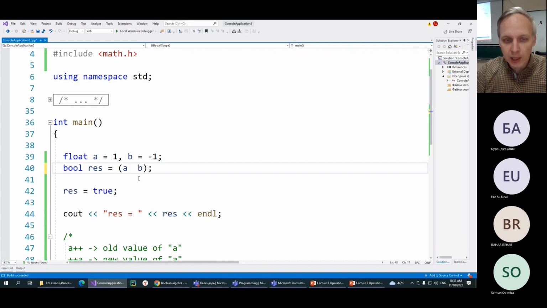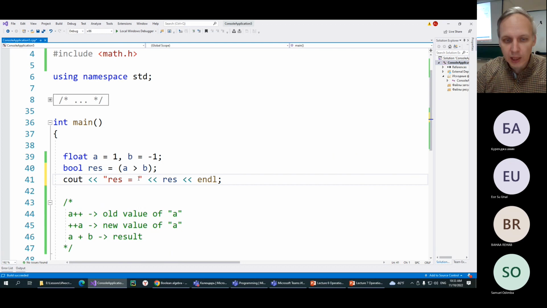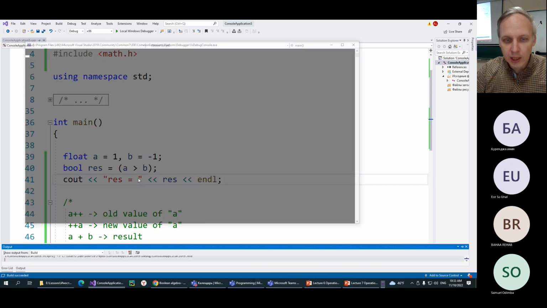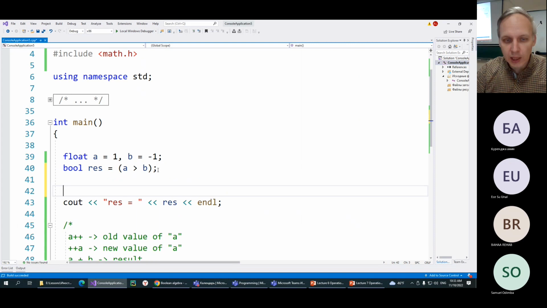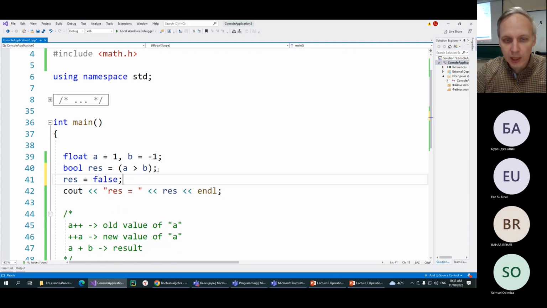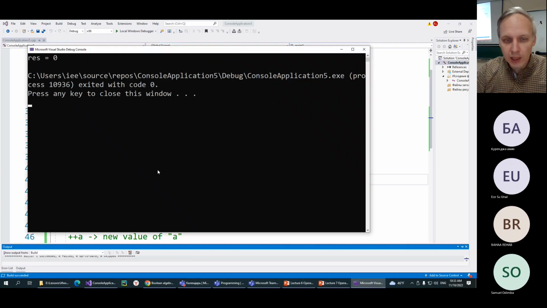If A greater than B, the result is true, 1. But I can change the value of the result, for example, to false. And we will see on the screen false, 0.